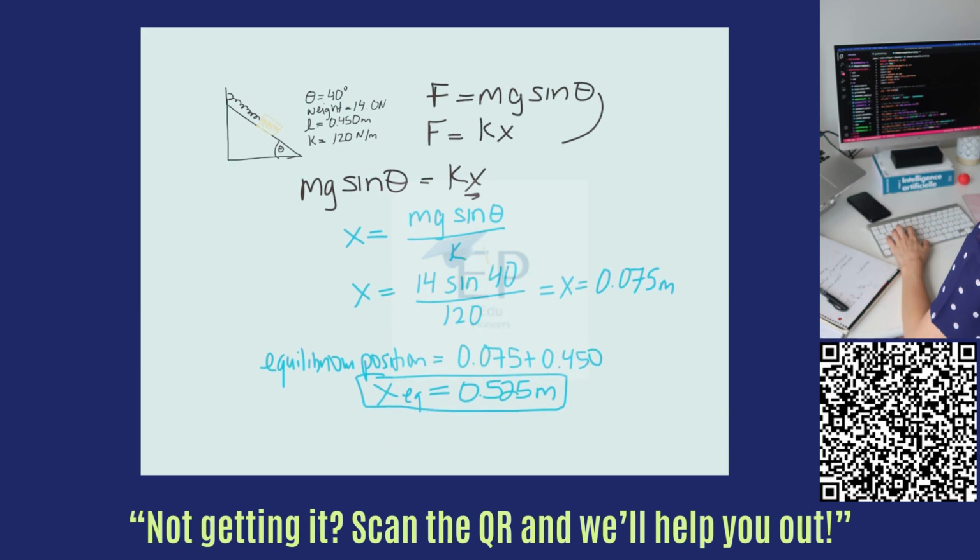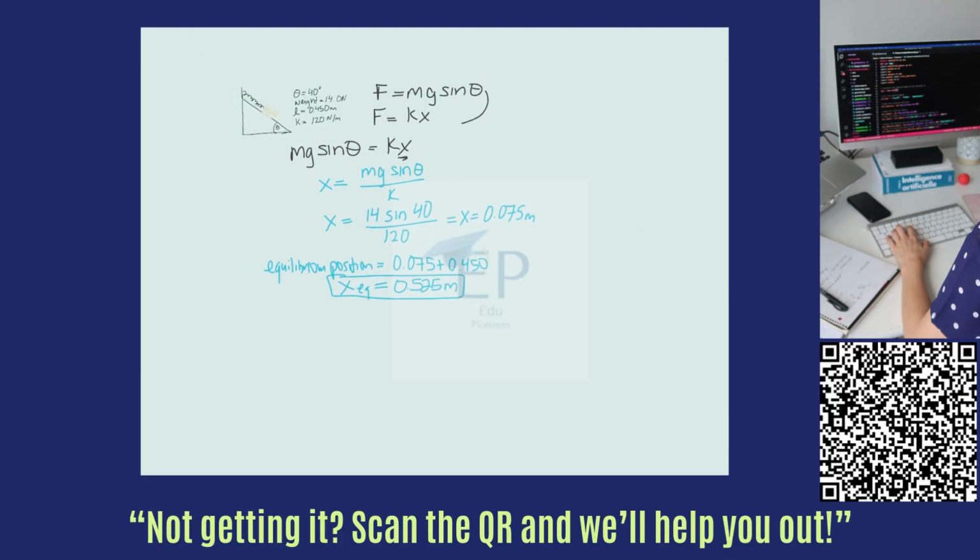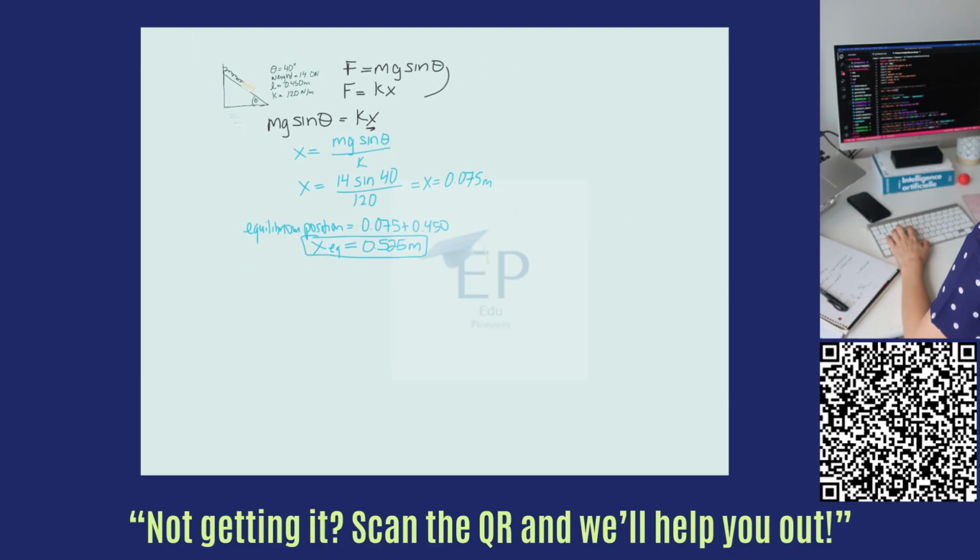So the second part of this question is asking what the period of the oscillation would be if the block was pulled down slightly and let loose. So we are going to once again create an equation that will allow us to solve for frequency here.